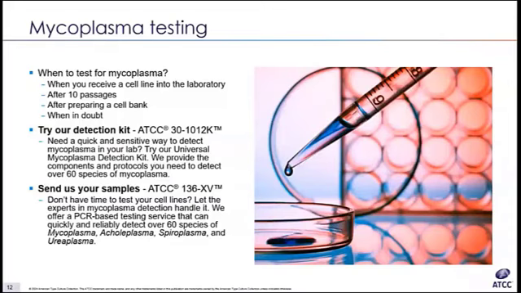You spot your sample on this card and you send it back to us. ATCC experts will process your sample, analyze the result, and send you a comprehensive report within 3 to 5 business days. It's recommended to test early and often for mycoplasma contamination. Test when you receive your cell line, test after 10 passages, after preparing a cell bank, and simply when in doubt.